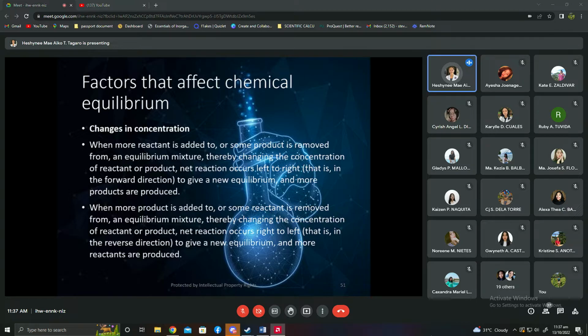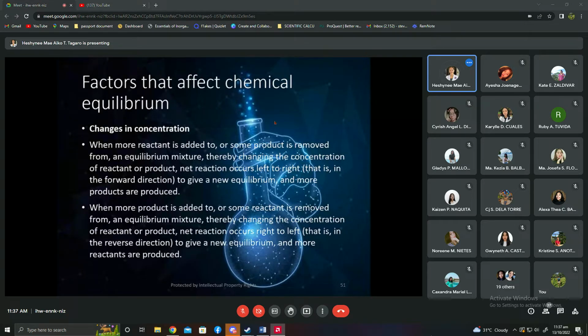Okay, so for changes in concentration, I want you to remember these two statements here. We are given two scenarios. What if you added to the concentration of the reactant or if you remove a product?